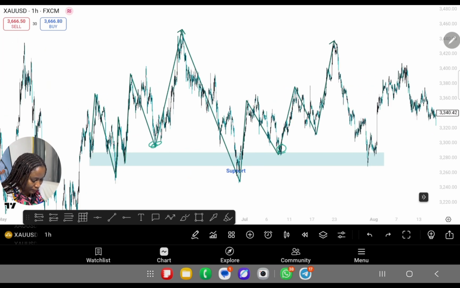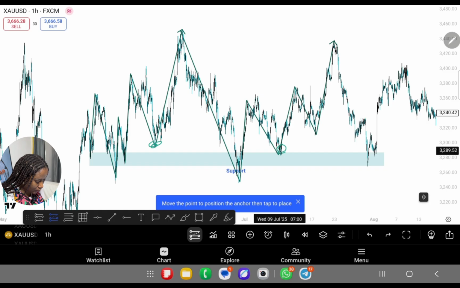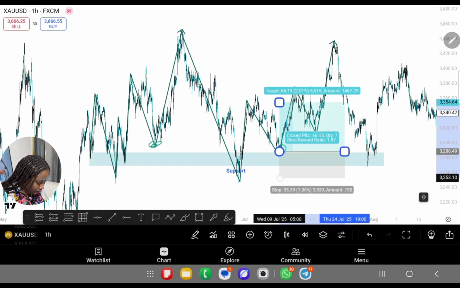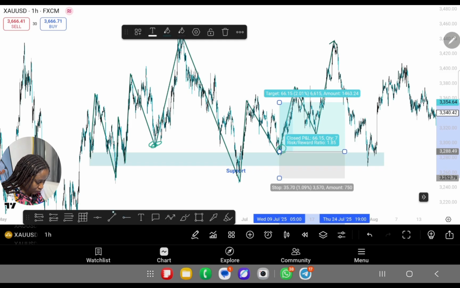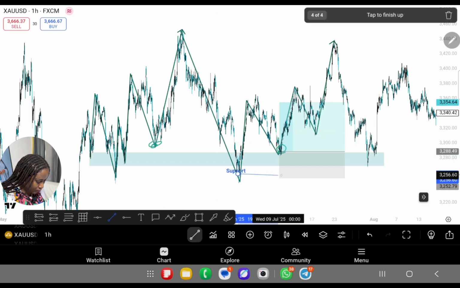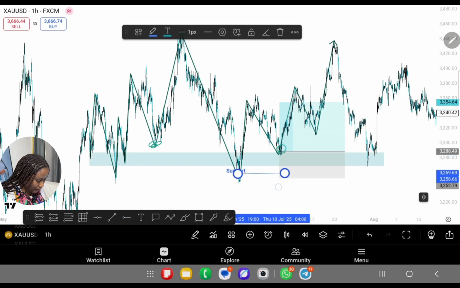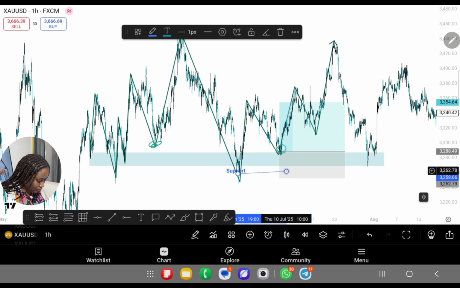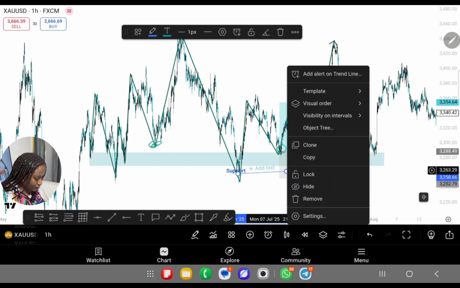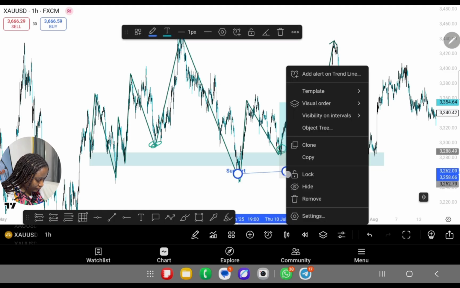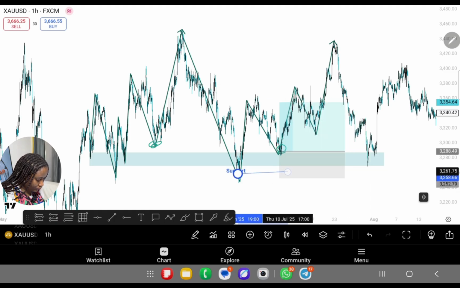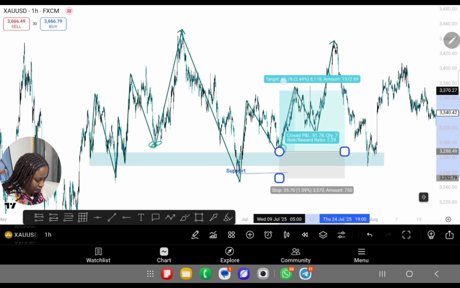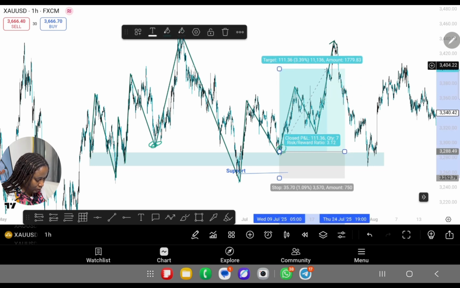So if you had put your zone here, covering this low, and then probably target this area of liquidity, all this.